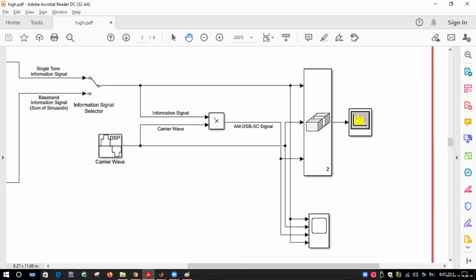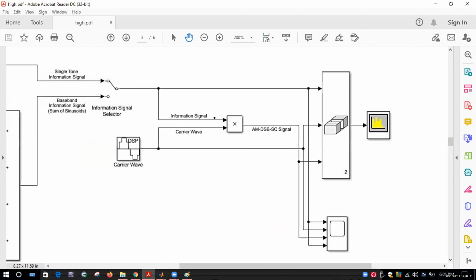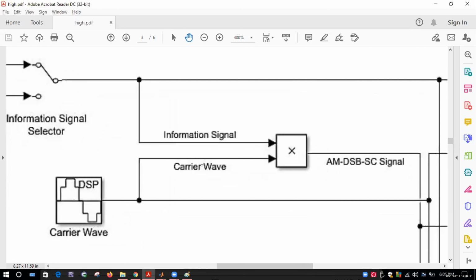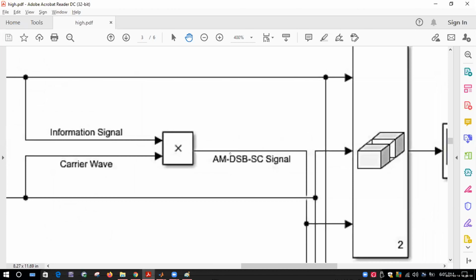So we have got a mixer, and what are we mixing here? The information signal MT and MC carrier. Exactly. We're mixing information with the carrier. So what do we get at the output? A double sideband signal, right?